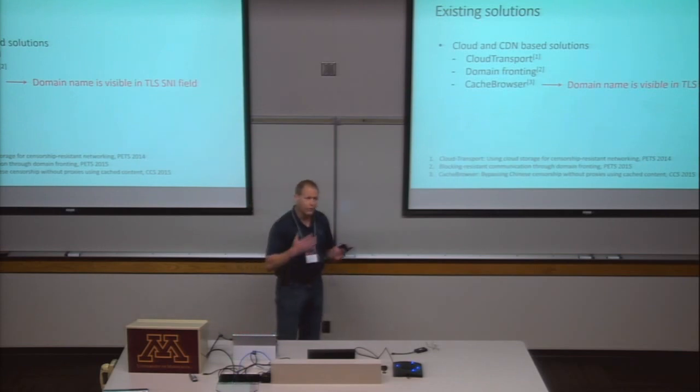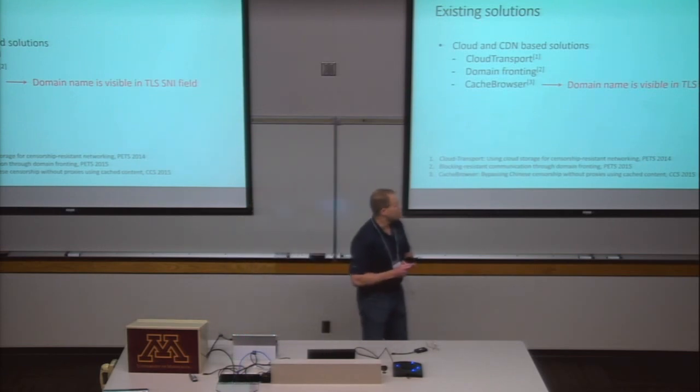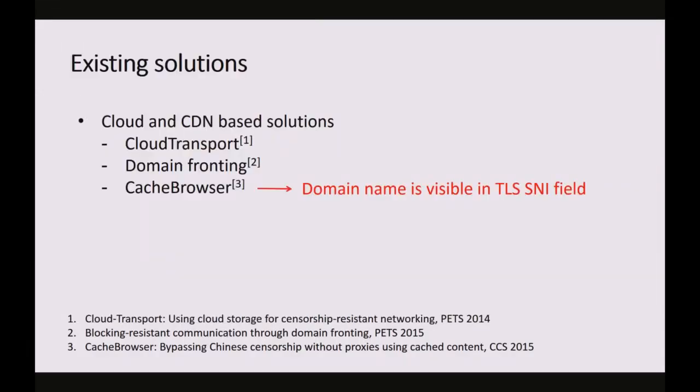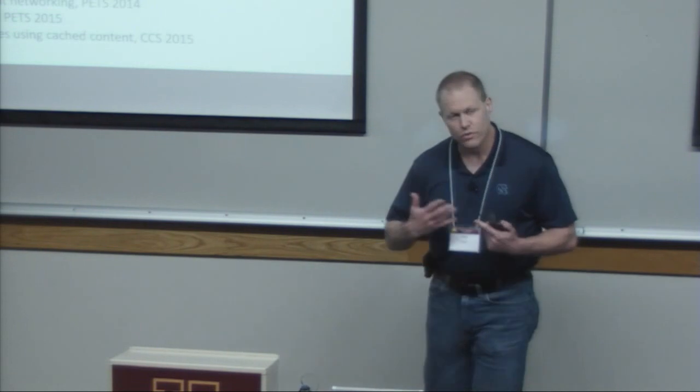So, for example, for our purposes, it isn't ideal because it leaves the domain name visible in the TLS SNI field. But again, it's really targeted at a different kind of problem than we're targeting here. But I just want to put it up as an example of another work that's used clouds or CDNs as a sort of a backbone for providing privacy properties. So we're going to do the same thing.